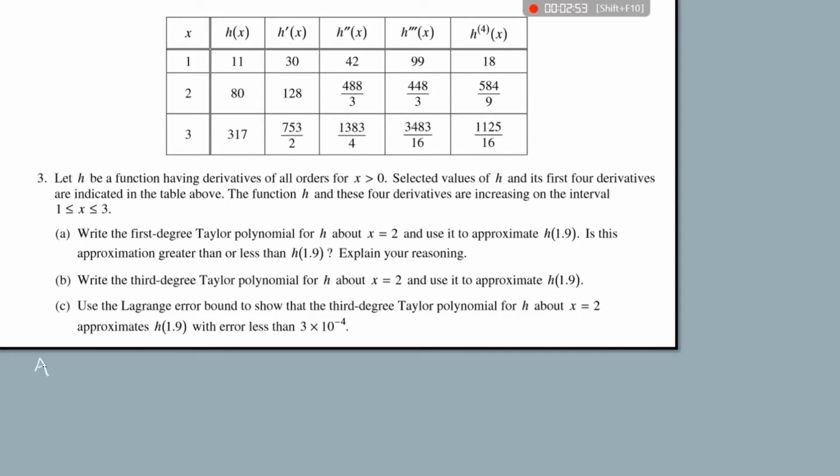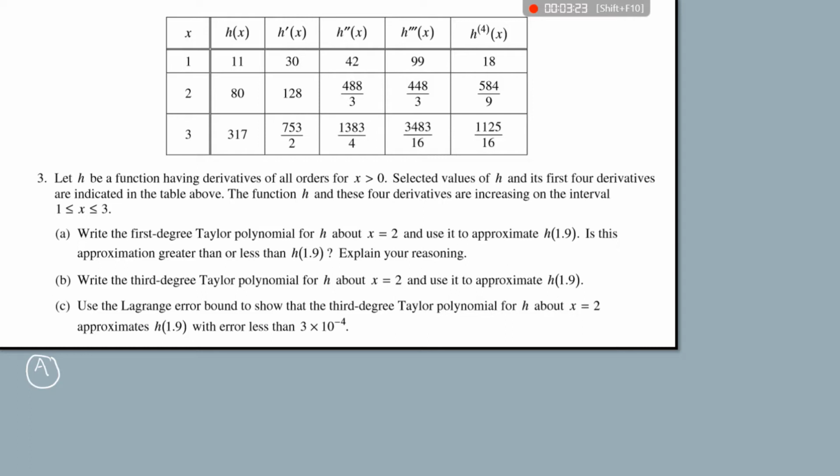Okay, so what do we have to do first? You have to write a general formula maybe.